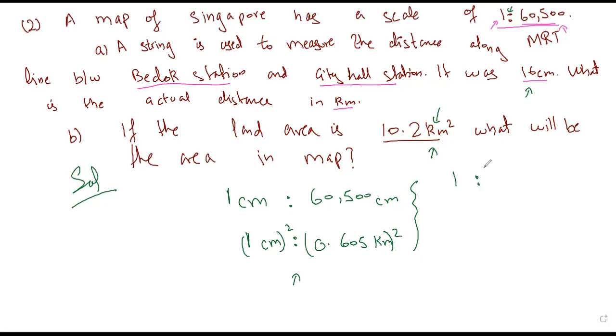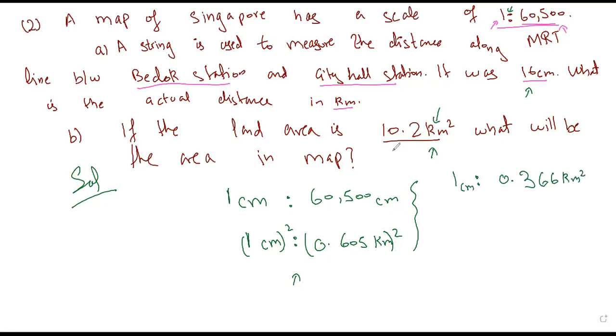Let me just write the value down. Let's find it first: 0.605 square. So this has turned out to be 0.366 kilometer square.